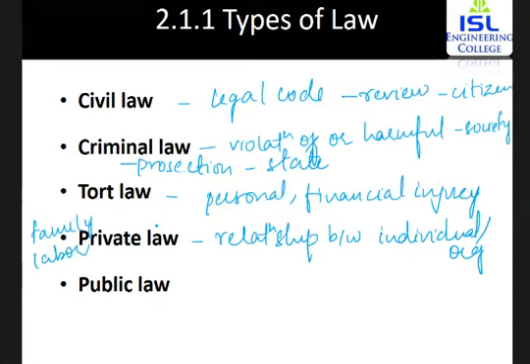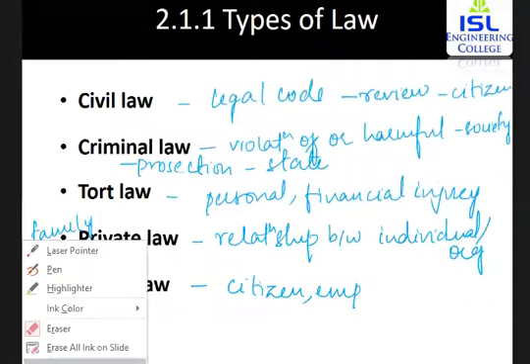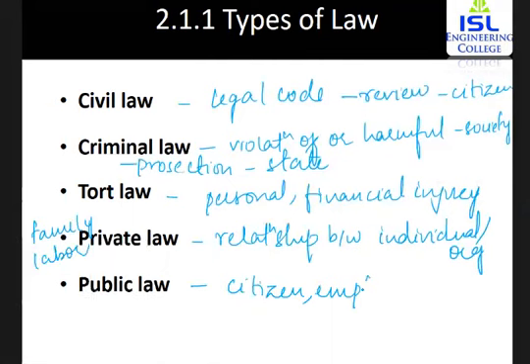Coming on to the public law, it is the relationship between the citizen, the employees, and different governments.